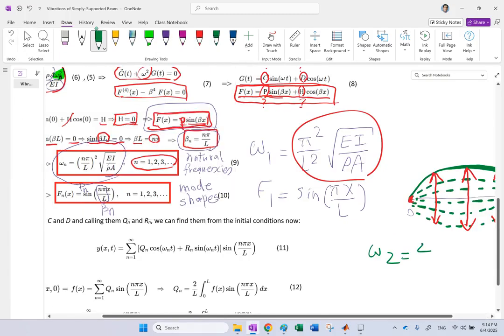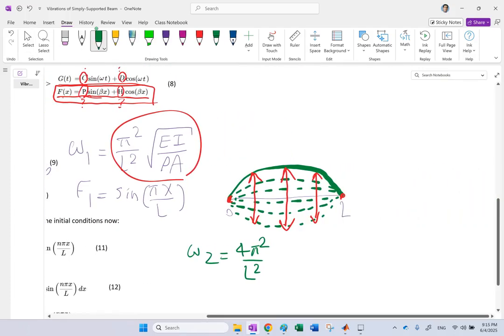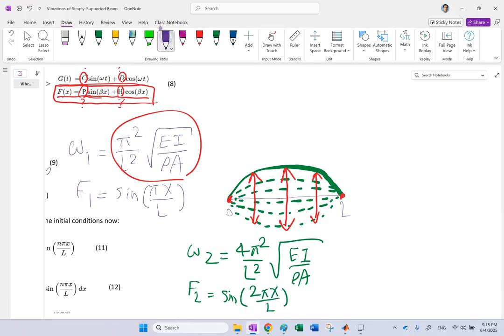So it is going to be 4 pi squared over L squared, and then square root of EI over rho A. And your second mode shape is going to be sine of 2 pi x over L. And again, it looks kind of similar, except the frequency is 2 times bigger, so your shape is going to look like this. Okay, and when this beam starts vibrating, it goes like this.